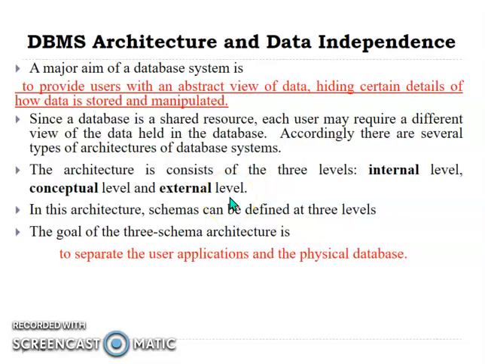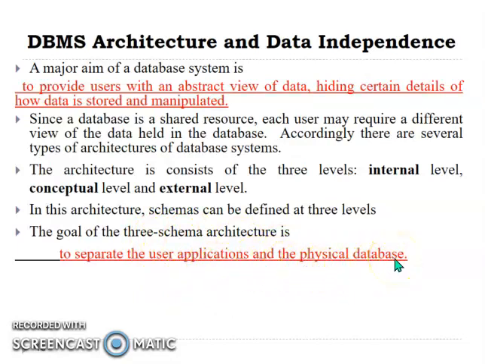In this architecture, the schema is defined at three levels. That is why we say three level schema. The goal of the three schema architecture is to separate the user application from the physical database.